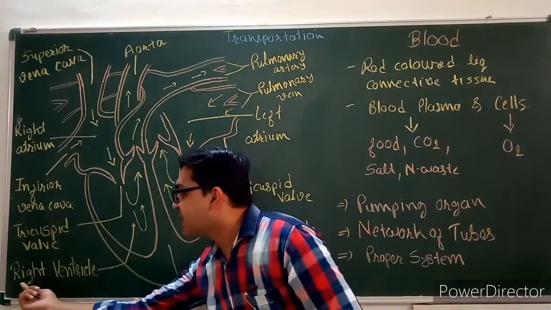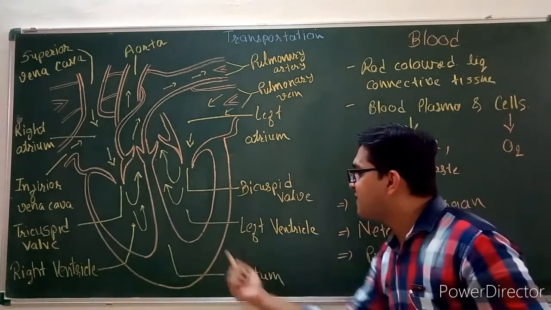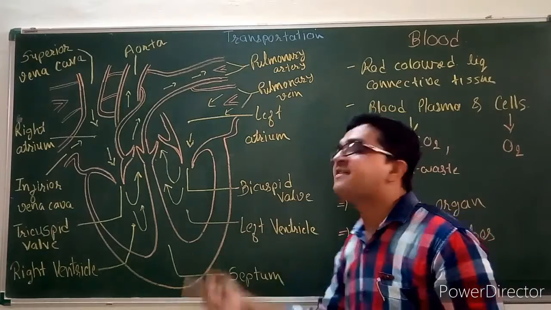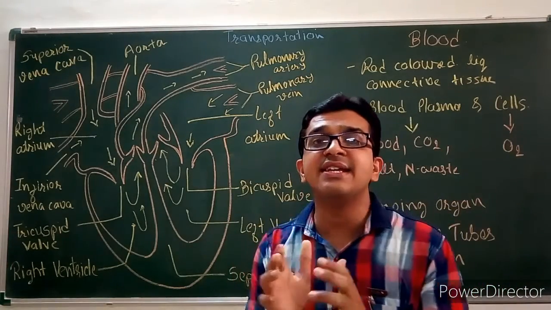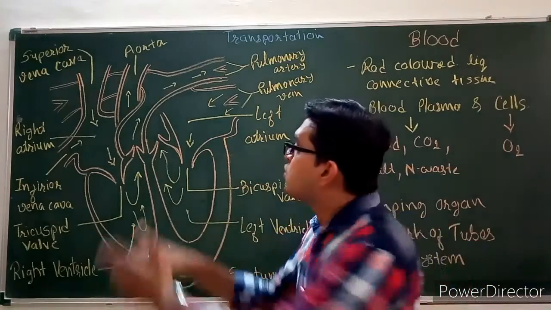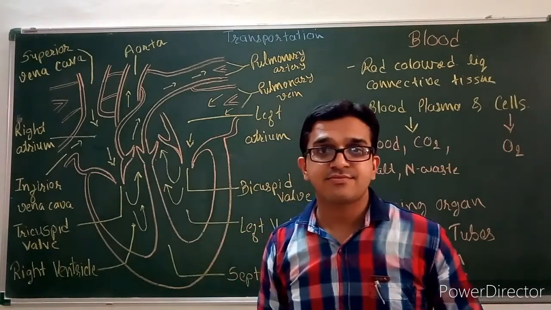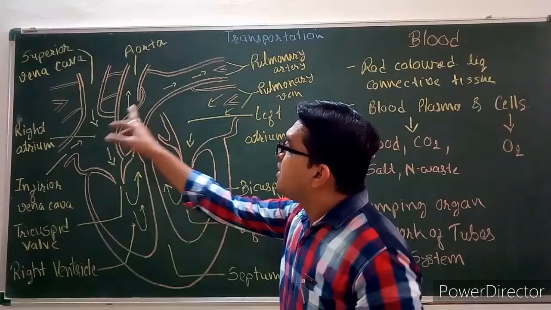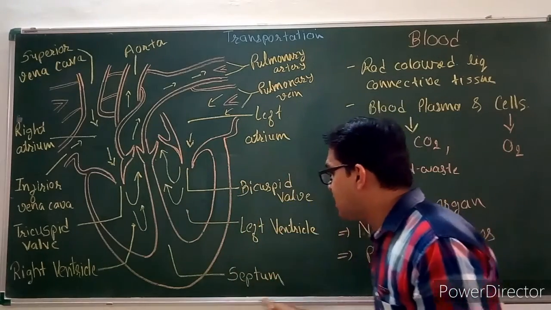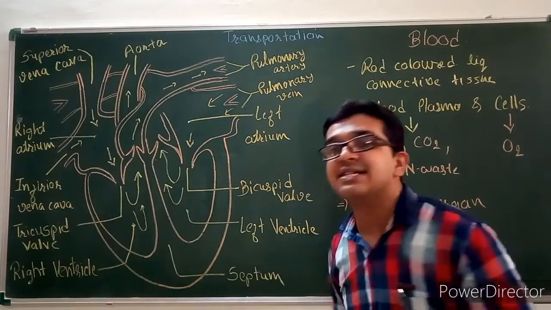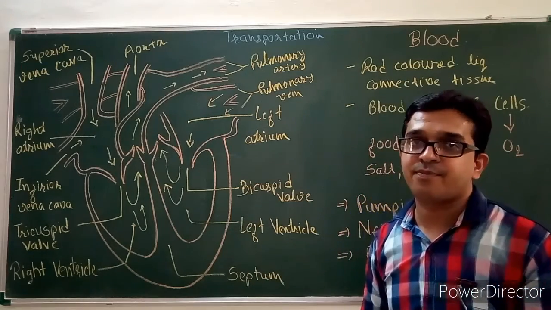The right one is the right ventricle, and the left one is the left ventricle. The wall of the ventricle is thick compared to the atria. All these four chambers are separated by a wall called the septum.